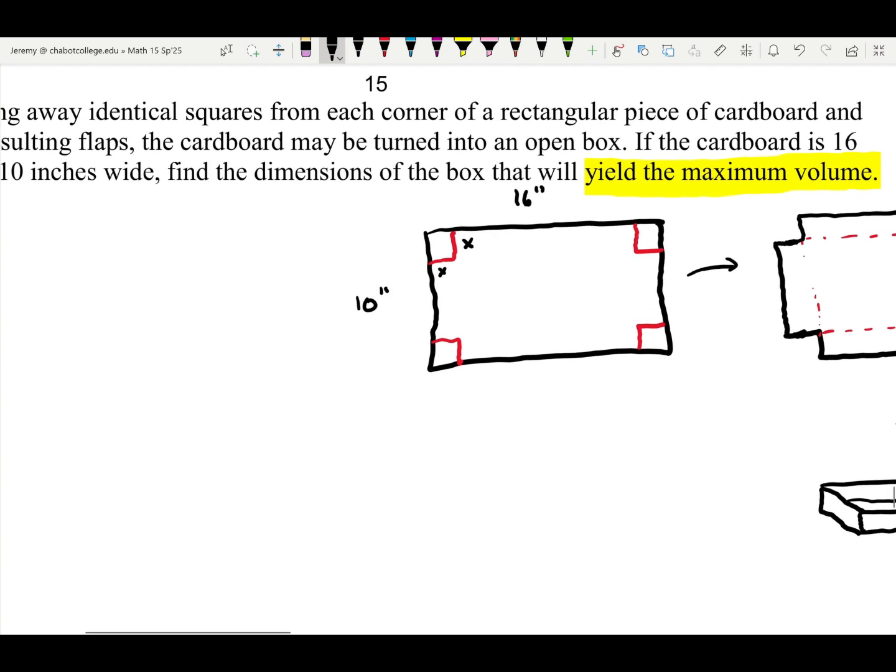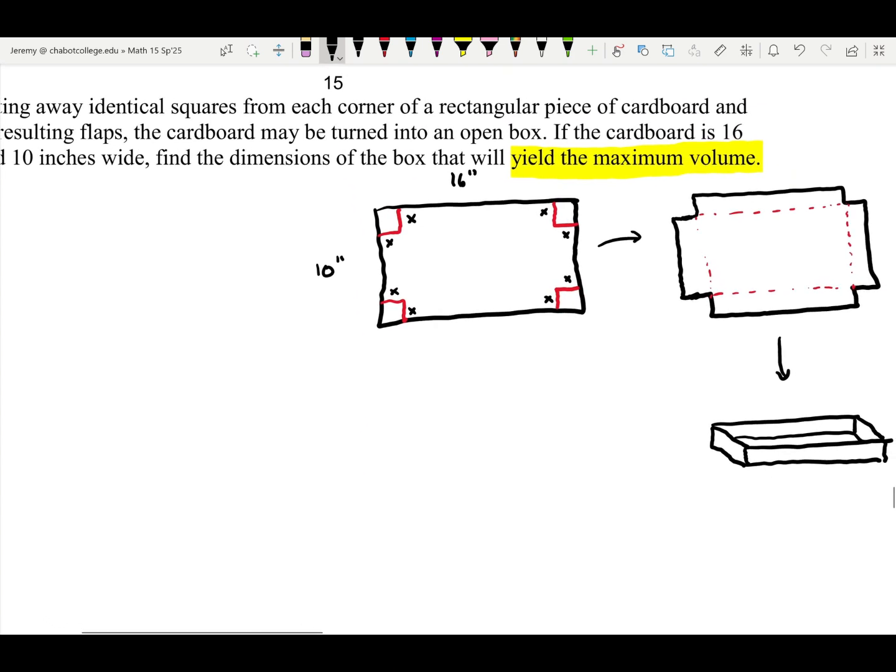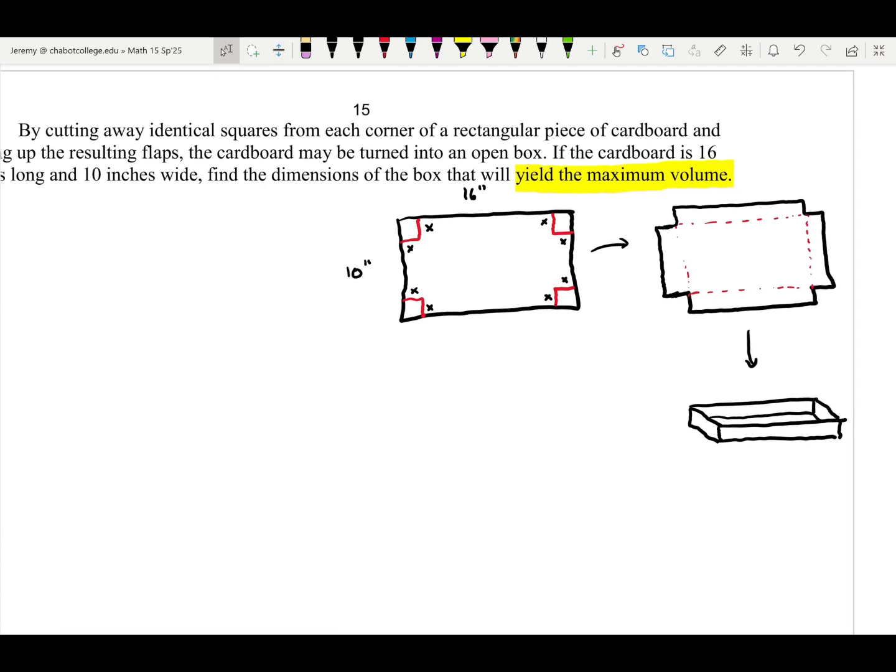So x is just the measurement of one of the edges of these squares that are cut out from the corners. So it's going to be the same measurement across this whole picture. You could say that the dimensions of the squares that we're cutting out are x inches by x inches. So we don't know what x is.